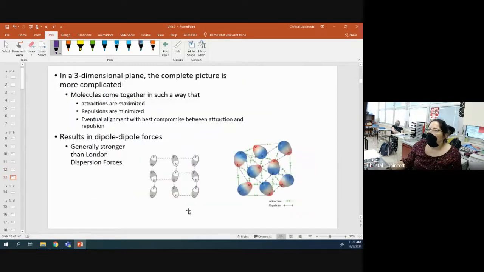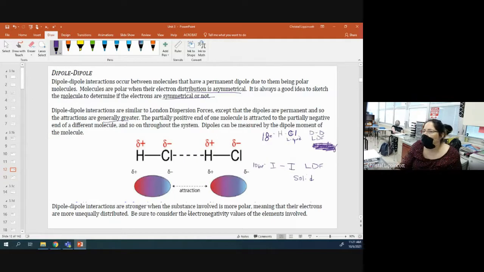All right. So when these things come into contact with them, again, this is intramolecular. This is a covalent bond here. This guy right here is going to be your LDF, because it's always LDF, and dipole-dipole. And a lot of times they will use a dashed line here and a solid line here.